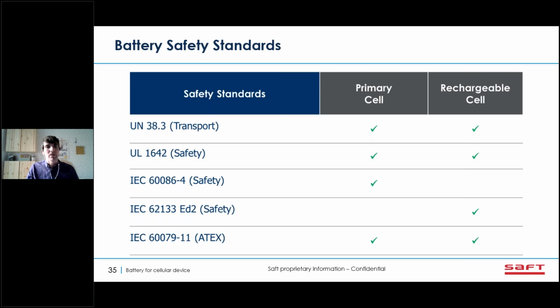Exactly. For the cells, this is the first slide of this presentation: a battery is a chemistry inside a tin can. When you put energy inside a tin can, if you do something wrong with it, you will clearly have a problem.